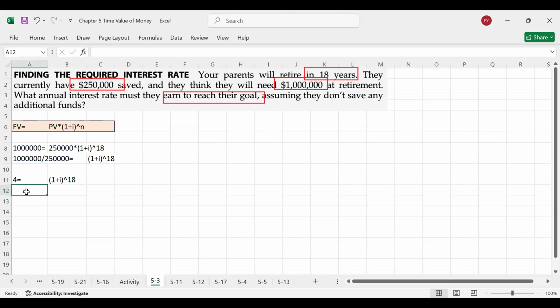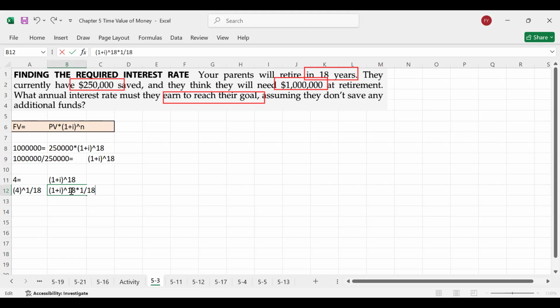So we multiply 4 by 1 over 18, and on the other side, we multiply 1 plus I, all raised to 18, by 1 over 18.